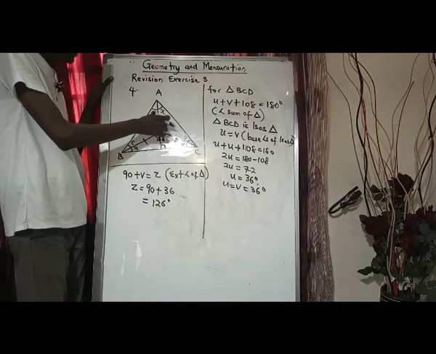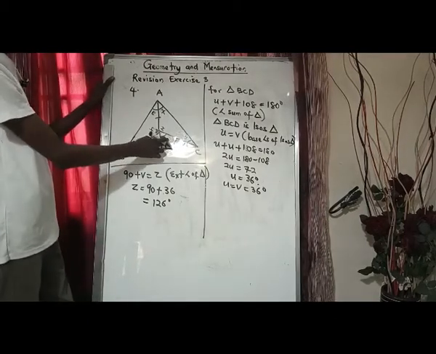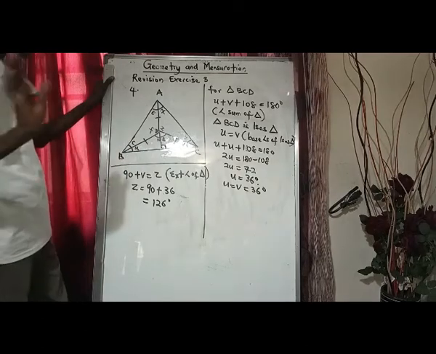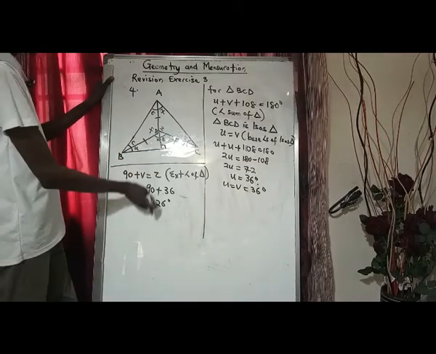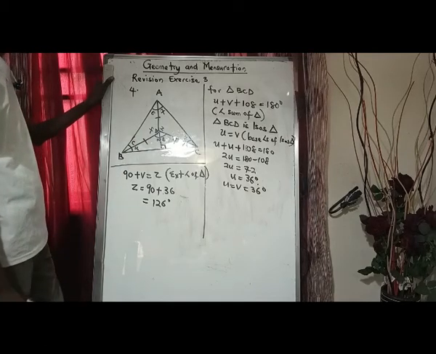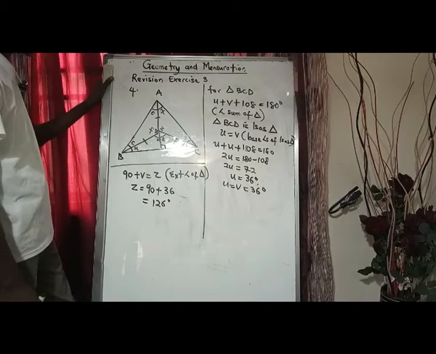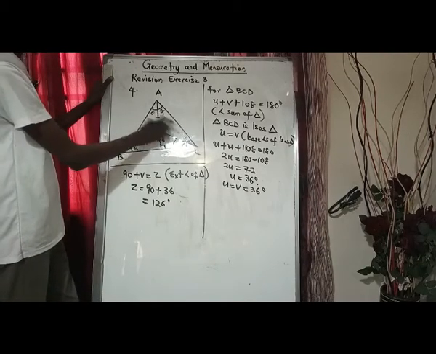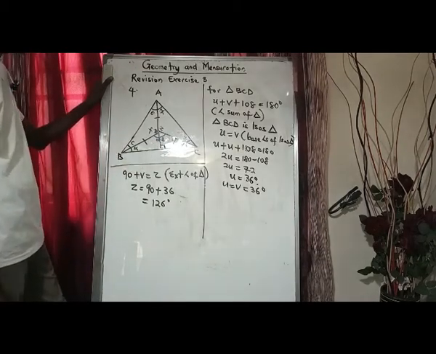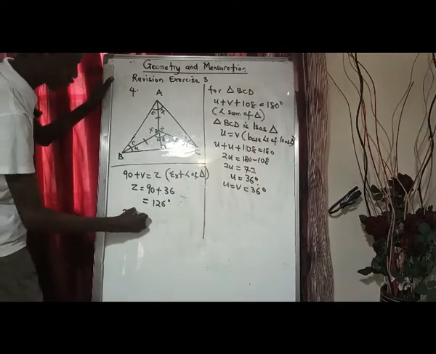Now this 126 degrees I've gotten here. If I get 126 degrees here, it means that technically this becomes 54. That's what it will mean. But that's not what I'm looking at now. So Z is equal to 126 degrees. So with that, I can get X, I can get Y. So look at that.